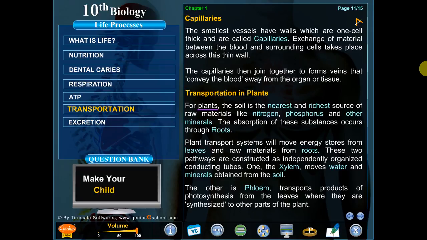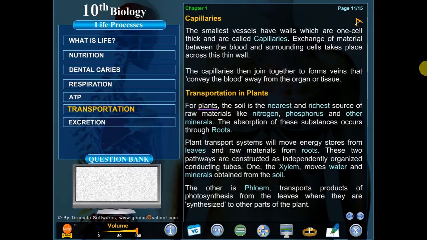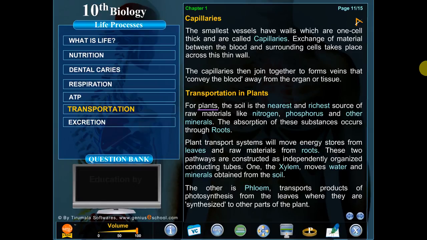These two pathways are constructed as independently organized conducting tubes. One, the xylem, moves water and minerals obtained from the soil. The other is phloem, which transports products of photosynthesis from the leaves where they are synthesized to other parts of the plant.